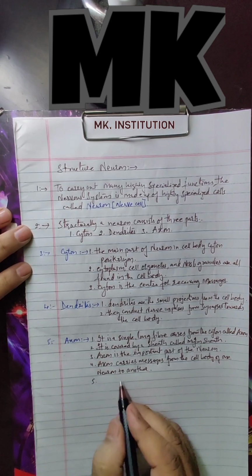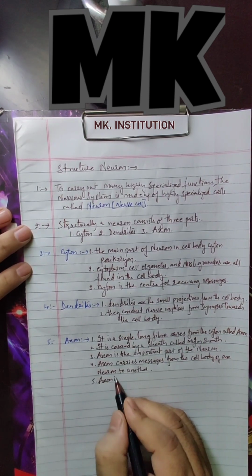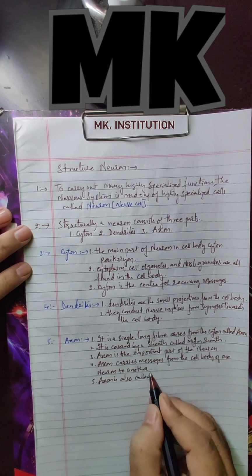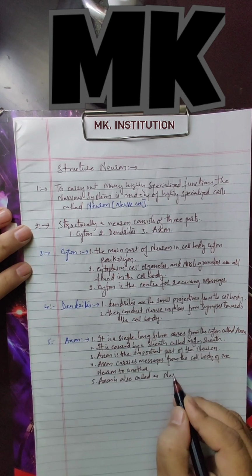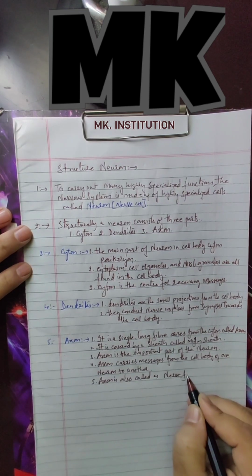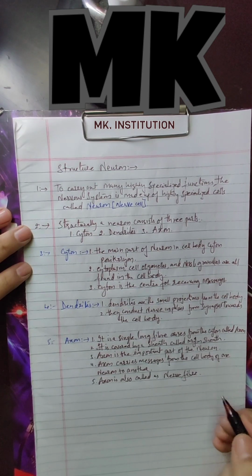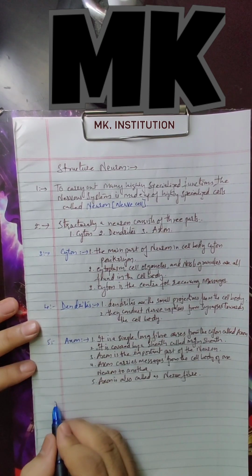Then fifth point, axon is also called as nerve fiber. Clear? Fifth point also you can write important one.